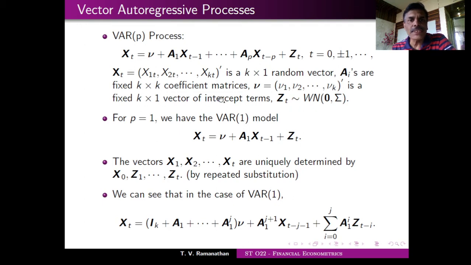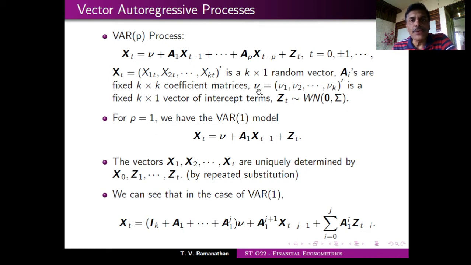What is the order of these? The order is k by k, because xt is k by 1, and for conformability of addition, we require the coefficient to be a k by k matrix.